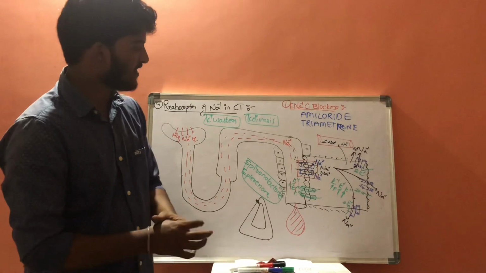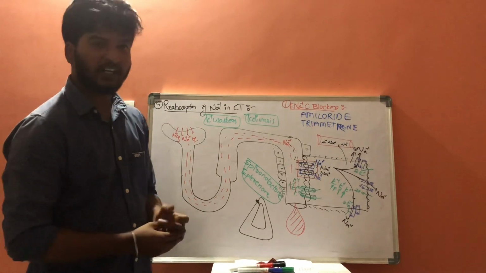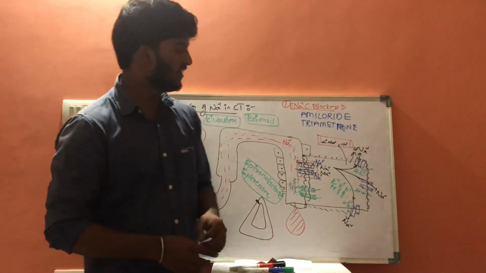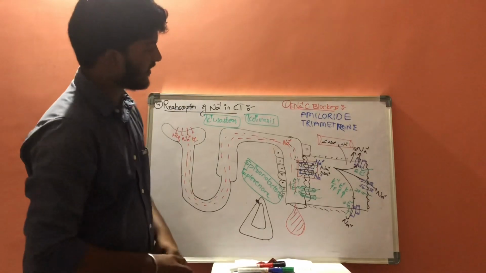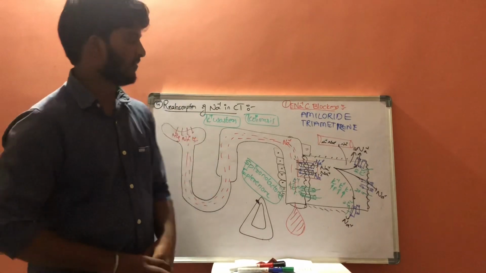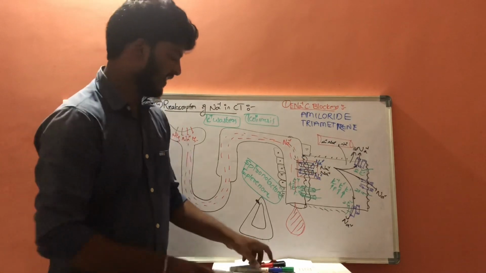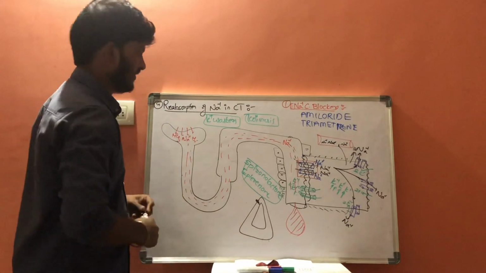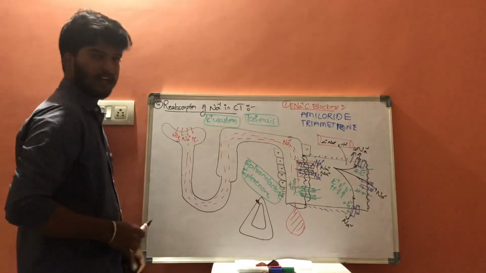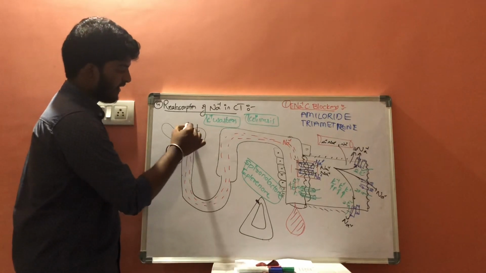And the last one is osmotic diuretics. An example of the osmotic diuretics is mannitol. So at first, let us consider this is the nephron and mannitol will be given.